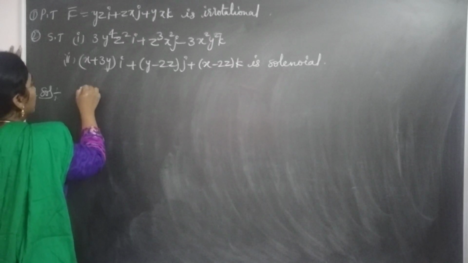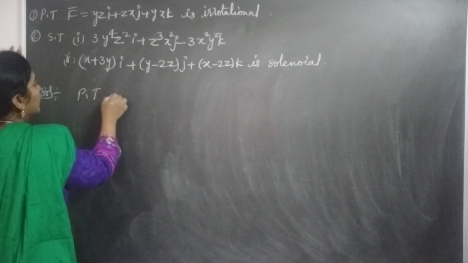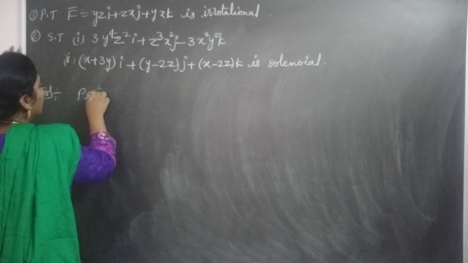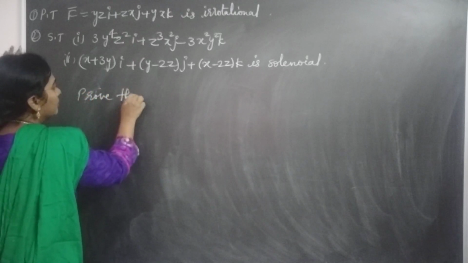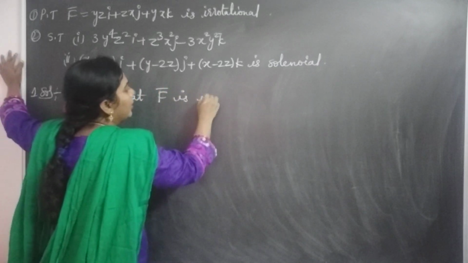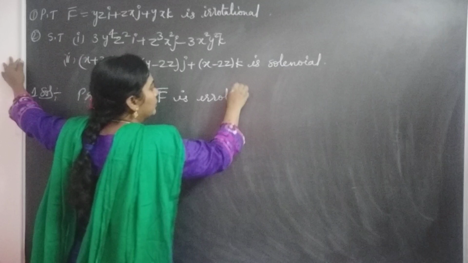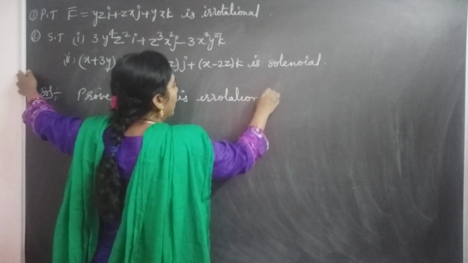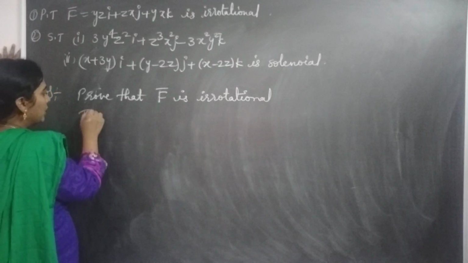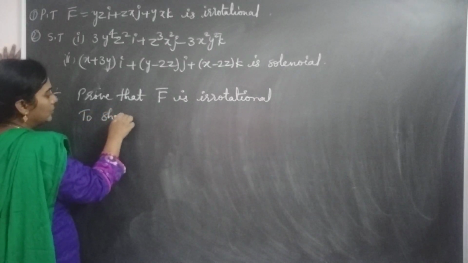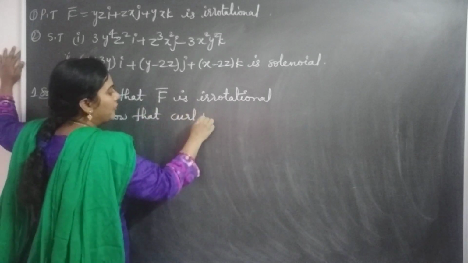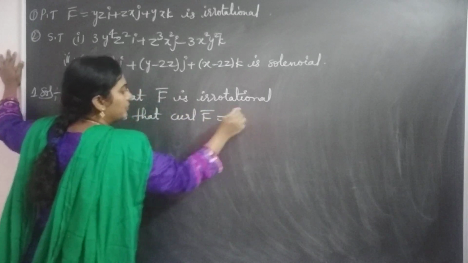The first problem solution. Prove that F vector is irrotational. F vector is irrotational means to show that curl F vector is equal to 0.